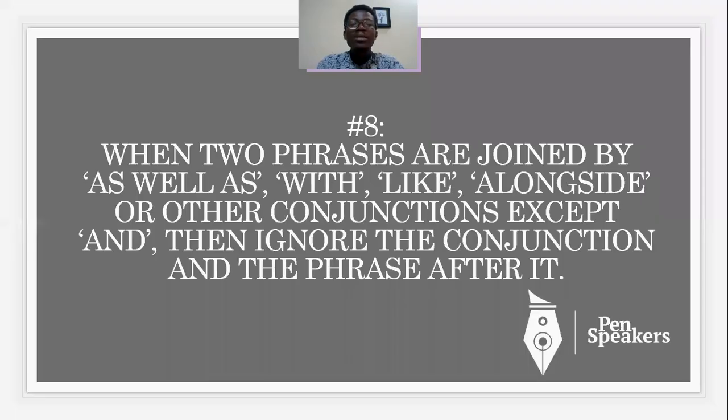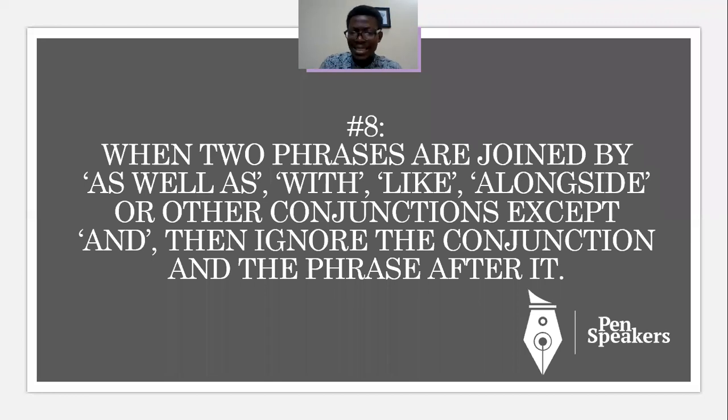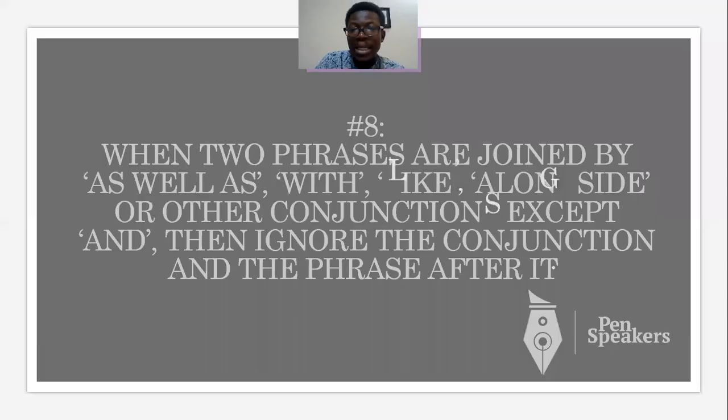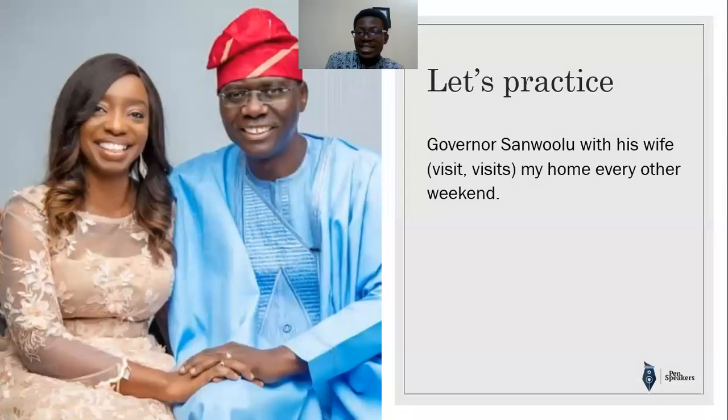Okay, good. Now, trick number 8 says where two phrases are joined by as well as, with, like, alongside, or any other conjunction apart from and, then you ignore the conjunction and the phrase mentioned after it. This is what I mean. In this particular sentence, Governor Sanwo-Olu with his wife dash my home every other weekend.